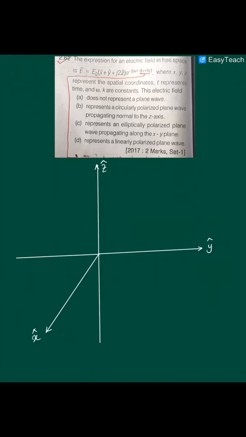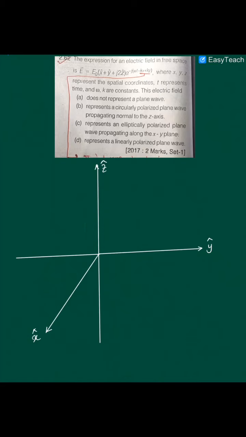Hello friends, so in this video I will try to give you some intuition or very in-depth knowledge of this particular question. You can visualize this question after this video.